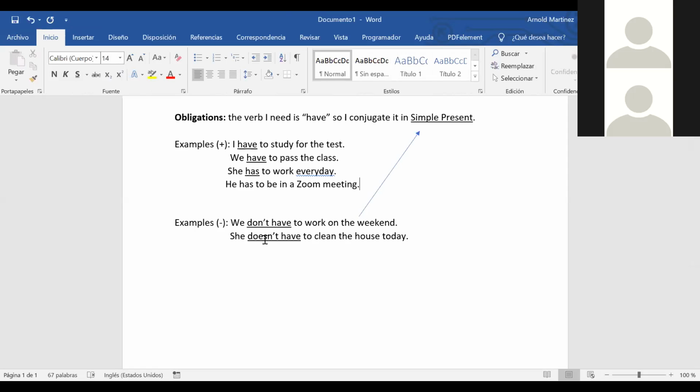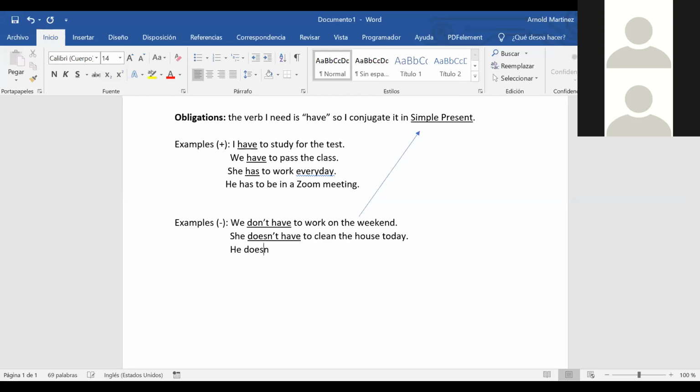Only in simple present, also simple past, but not in present perfect. Look, she doesn't have. We don't have. I can say he doesn't have to go to school today because I'm using simple present and obligations. Another example: he, don't or doesn't?